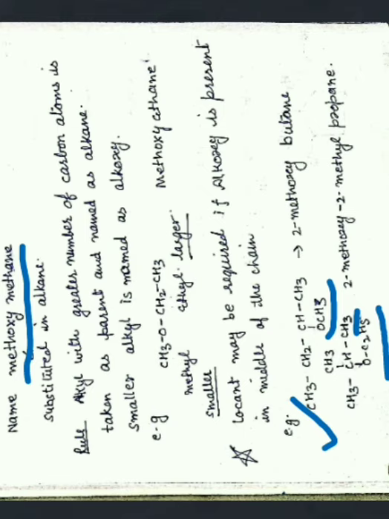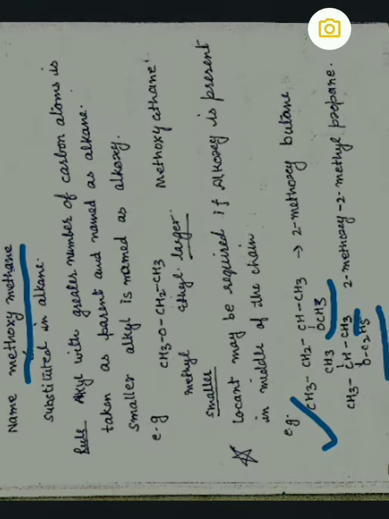After that O comes before Y, so we put methoxy before methyl, and both are substituted at number 2 in propane, that is a 3 carbon parent chain. So now the name becomes 2-methoxy-2-methylpropane. That is all about the nomenclature of ethers.